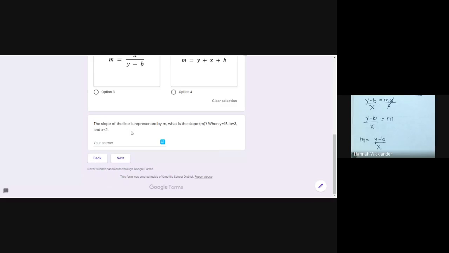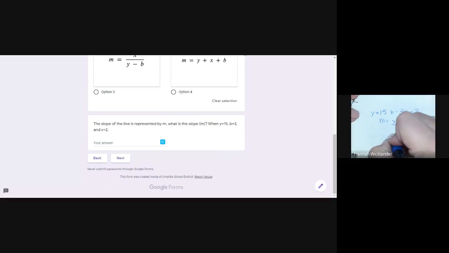And then it says the slope of the line is represented by m. What is the slope when y equals 15, b equals 3, and x equals 2? So what I'm going to do is take those numbers and plug them into my equation.